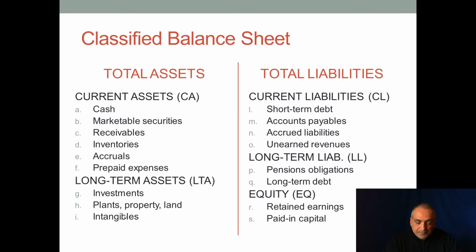We've got basically the 3 categories: immobilizzazioni immateriali, immobilizzazioni materiali, and then we've got our immobilizzazioni finanziarie. So investments, plants, property, land, and intangibles make up the hardest part to mobilize, so the less liquid part of the investments of the company.